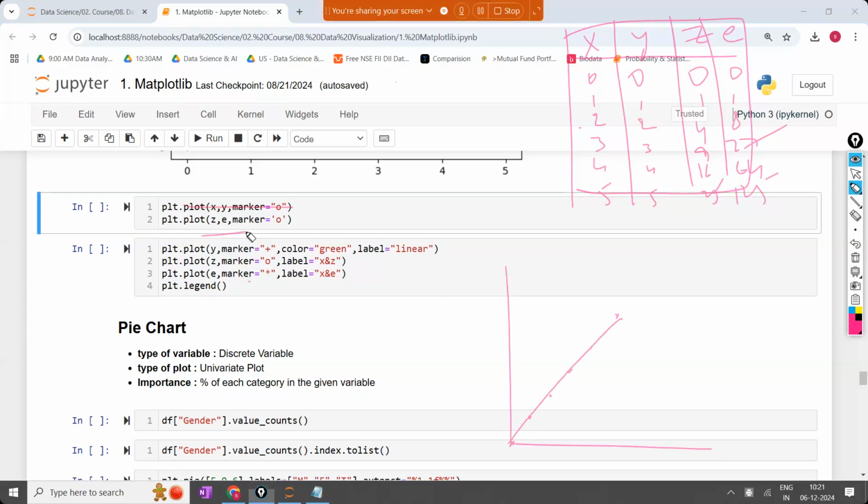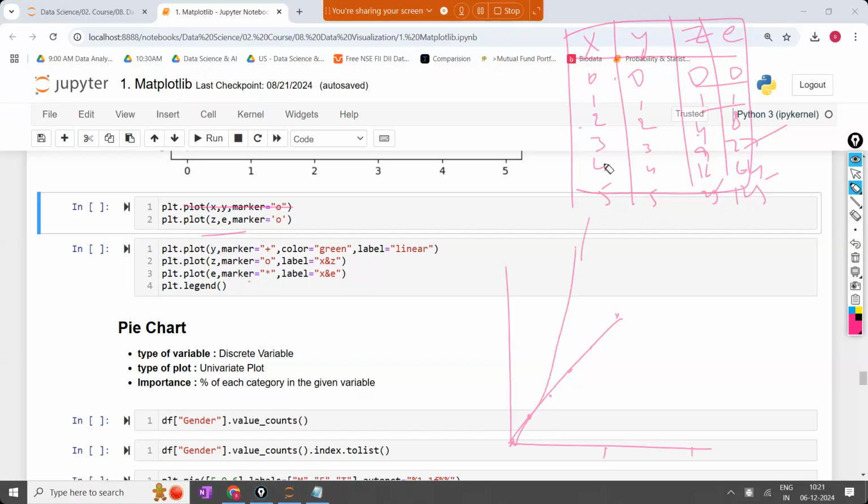Now next one is z comma e. Z comma e means 0 comma 0. This is the point. 1 comma 1. Again this is the point. 4 comma 8 means somewhere 4 is here and 8 is here. So from here to here it will go like this. Next, where is 9 and 27? Here 9 will be there somewhere and 27 somewhere here.